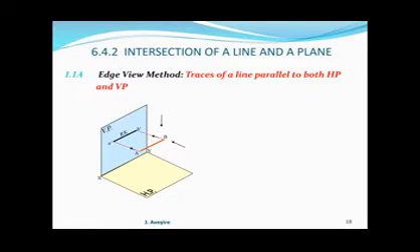Now for the top view, that comes onto the horizontal plane. So here we have our edge, that's also a horizontal line as it should be. And we have the ends AB, and that is TV, which is the top view.